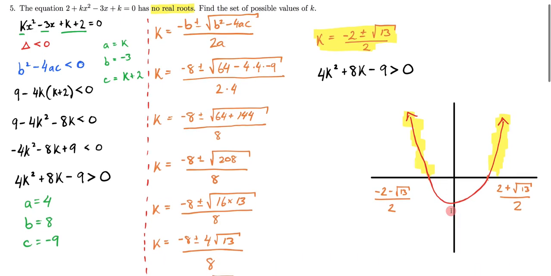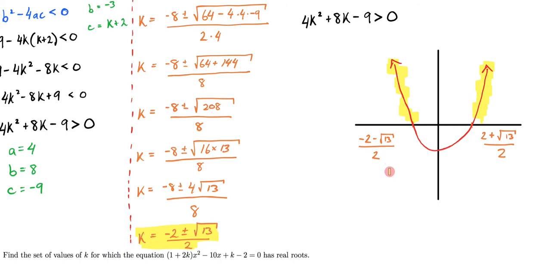Alright, so let me go down. So that means that the k values which correspond to these areas will be: k will be equivalent to -infinity to -2 minus the square root of 13 over 2, close brackets, and it's going to be a circle bracket because it's not greater than or equal to, the union of this -2 plus the square root of 13 over 2.